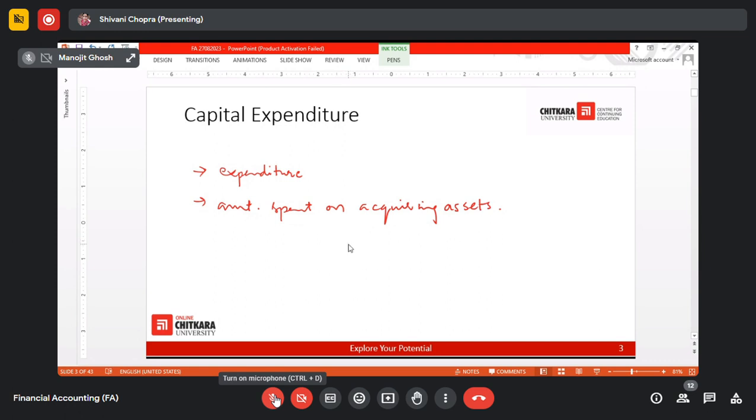So broadly speaking, if you can match current year expenditure with the current year revenue, which expenditure are you referring to? Capital expenditure, or revenue expenditure? You're referring to revenue expenditure. So let's have a simple understanding of expenditure. Expenditure is some sort of money that is spent in order to acquire an asset. If the asset is a long-term asset and of a non-recurring nature, it becomes a capital expenditure.